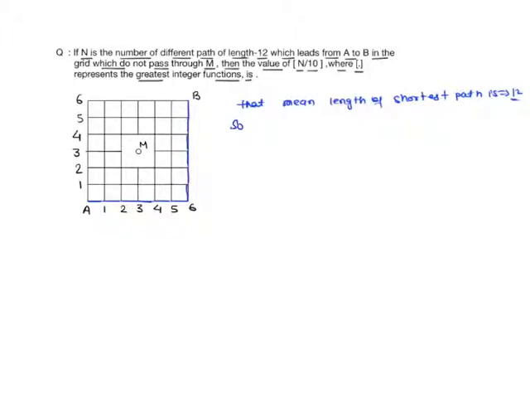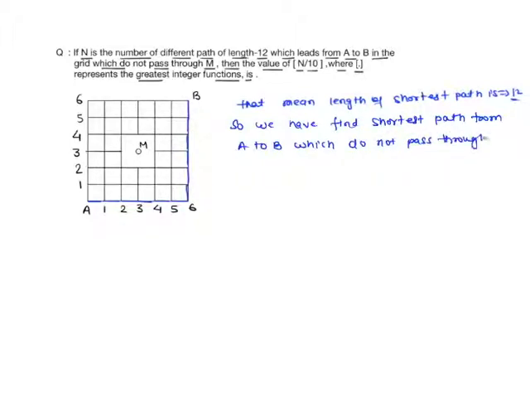So we have to find the shortest paths from A to B which do not pass through M.